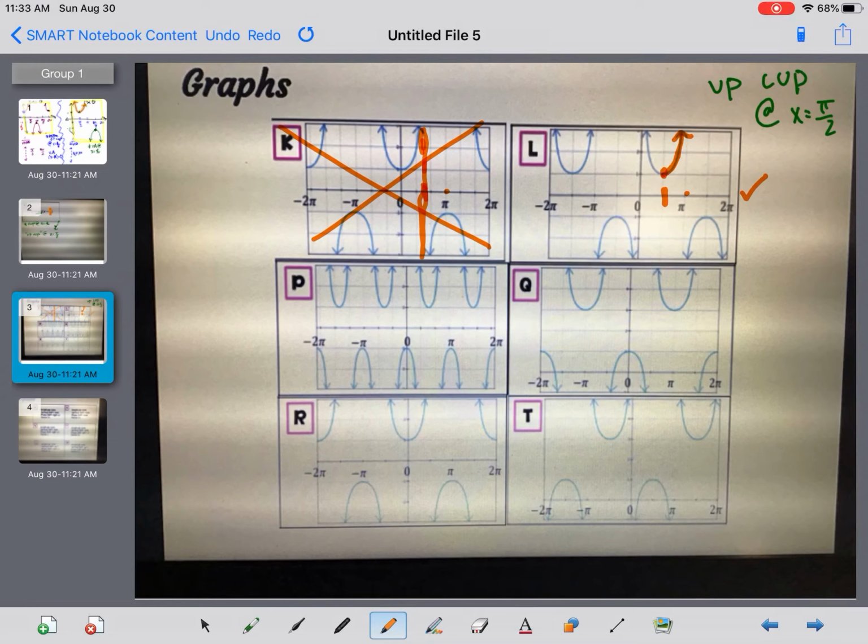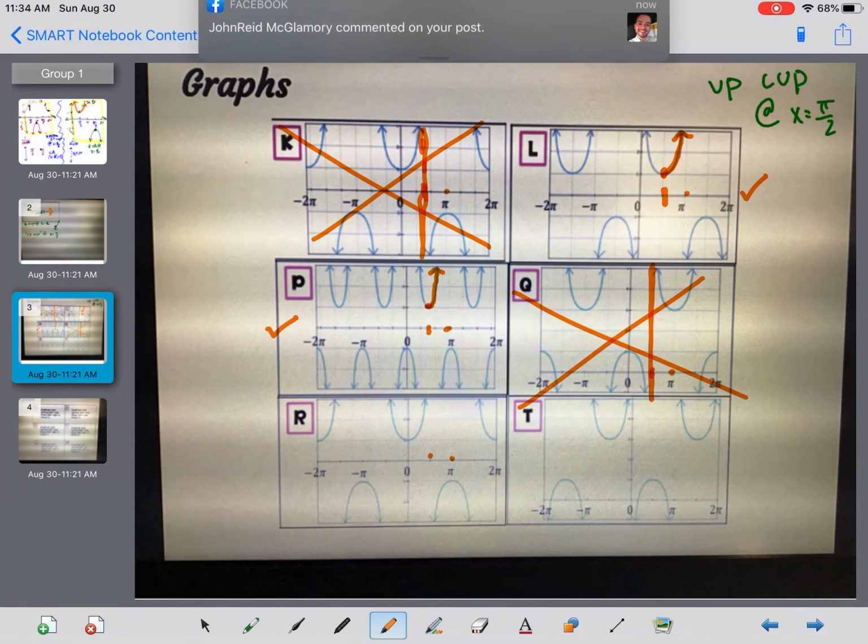All right, let's take a look at P. If you look at graph P, if that's pi, then this is pi over 2. And notice again, we have an up cup right there. So we're going to keep that one as well. Look at graph Q. At graph Q, this is pi, so this is pi over 2. Do you see an up cup right there at pi over 2? No, you don't. You see a vertical asymptote, so that one's not okay.